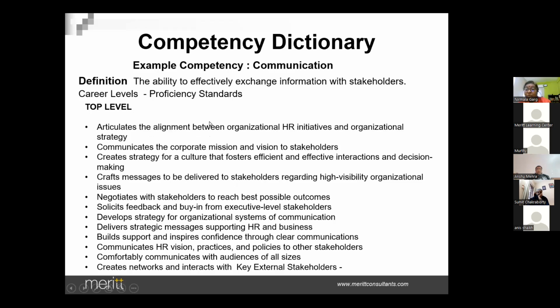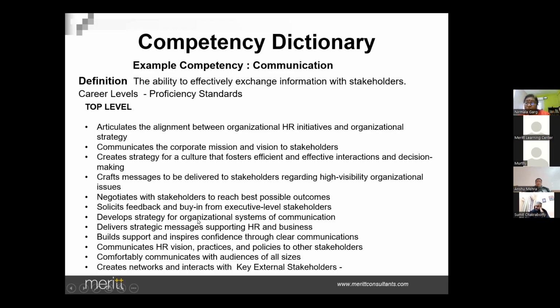Articulates the alignment between organizational HR initiatives and organizational strategy. Communicates corporate mission and vision to stakeholders. Creates strategy for a culture that fosters efficient and effective interactions. Crafts messages to be delivered to stakeholders regarding high visibility organizational issues, negotiates with stakeholders to reach best possible outcomes, then gets feedback and buy-in from stakeholders at an executive level, that is CEO level.